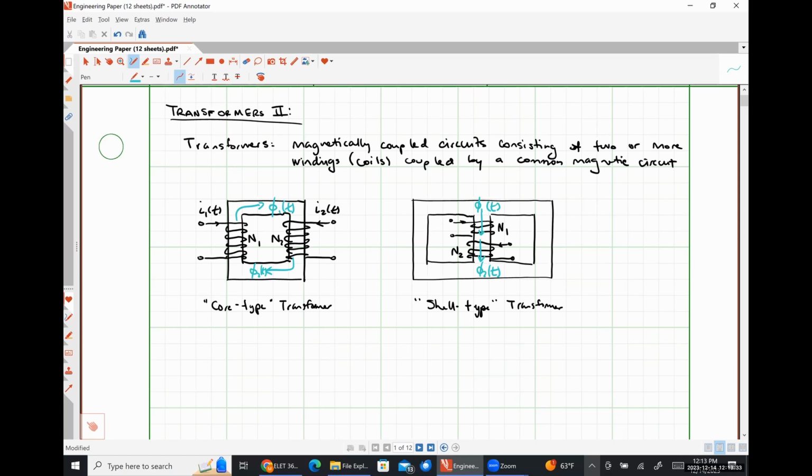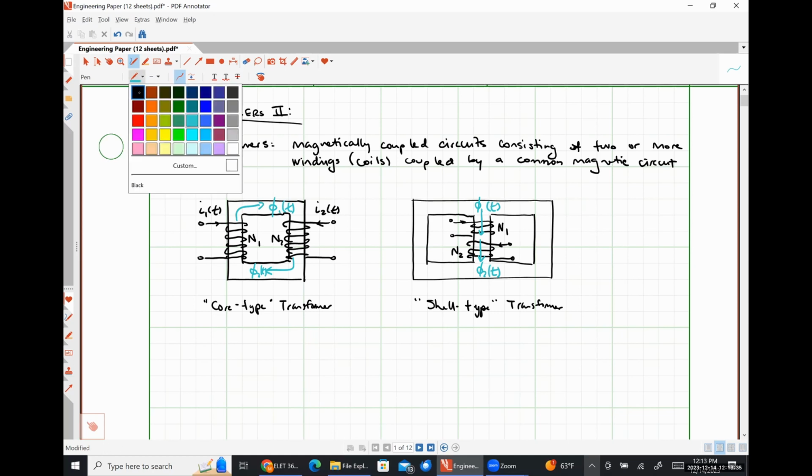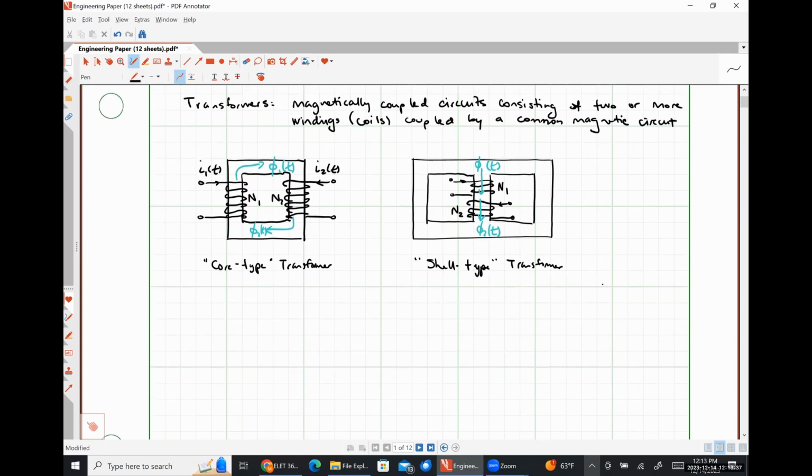All right, so our schematic representation of a transformer is as follows. In a diagram, we would simply represent a transformer by a pair of coils, like so. A couple of variations on this we might see.